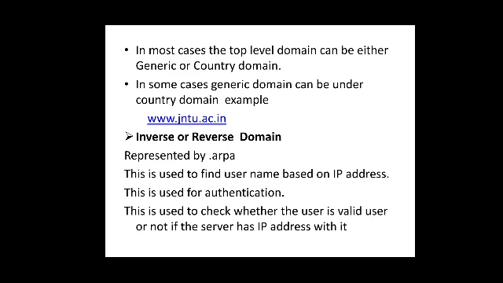For such situations, whenever a client makes a request, the server will get the IP address. Whenever a client is requesting, the client will send some packets of information, and within that packet will be the IP address of the source and the IP address of the destination.